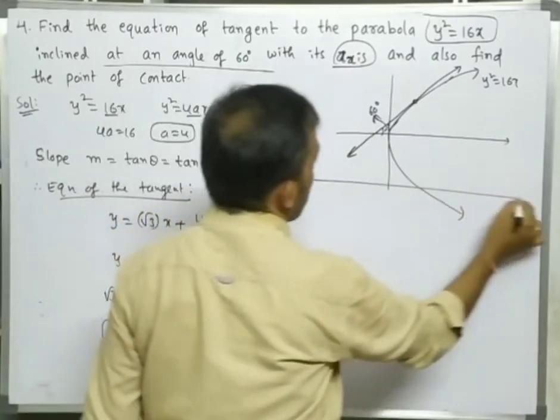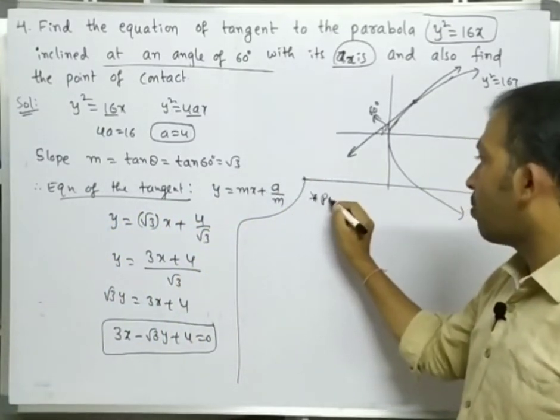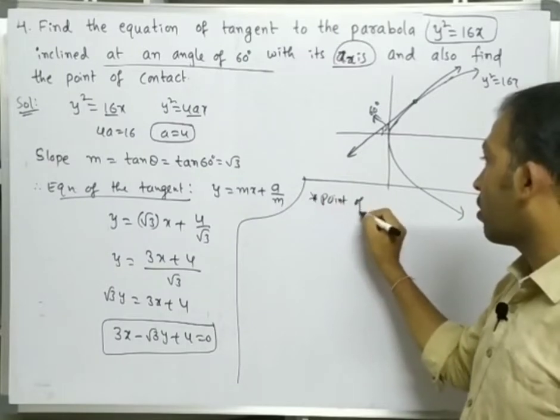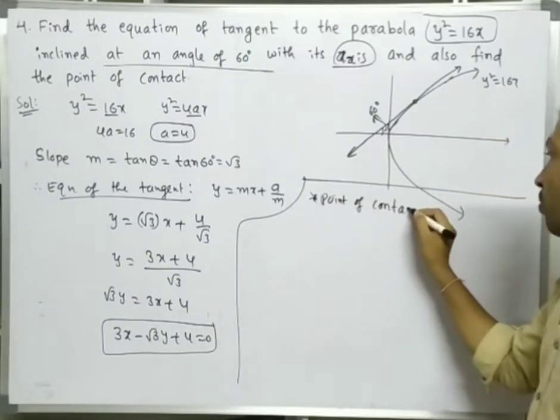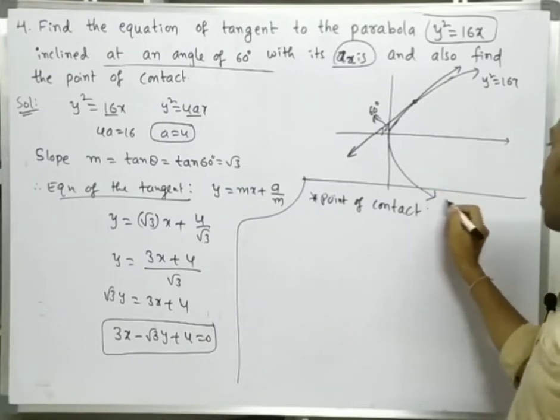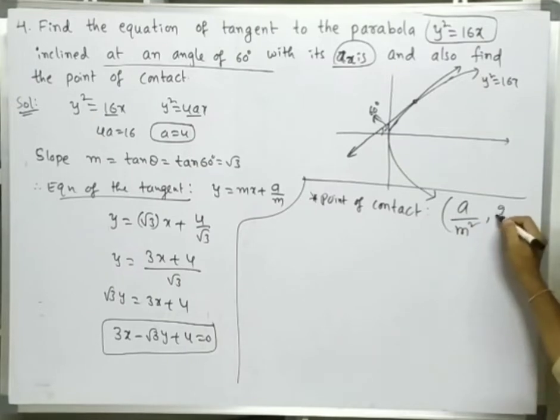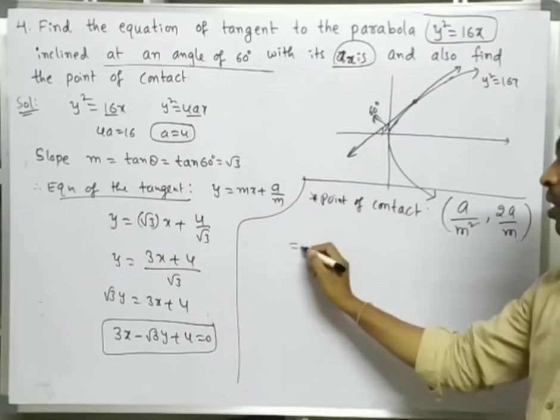Now one more question he asked, that is point of contact. What is the formula for point of contact? Recall that formula. So point of contact is a by m square comma 2a by m. So this is the point of contact formula, right?